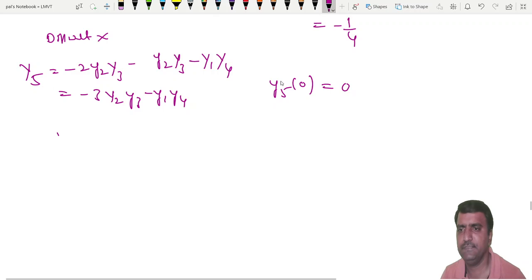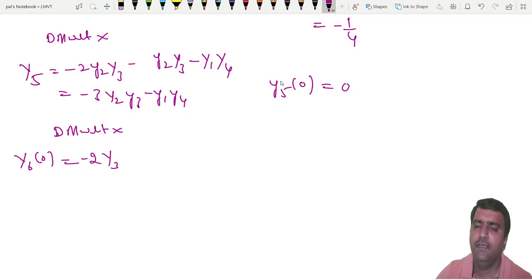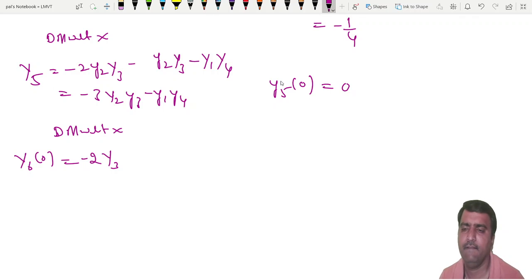So differentiate this with respect to x. y6 is equal to, sorry, it is minus 3, not minus 2.